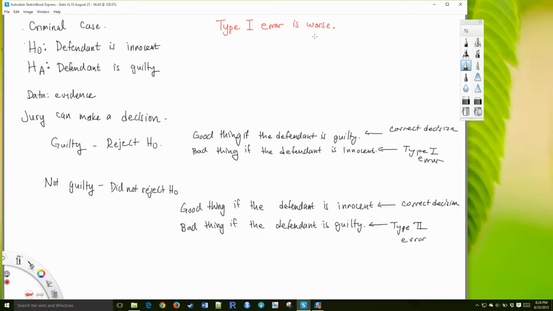Okay. So going back a page in your notes, do we want to pick a large alpha or a small alpha? Okay. So if type 1 error is worse than type 2 error, right? We want a small alpha, right?